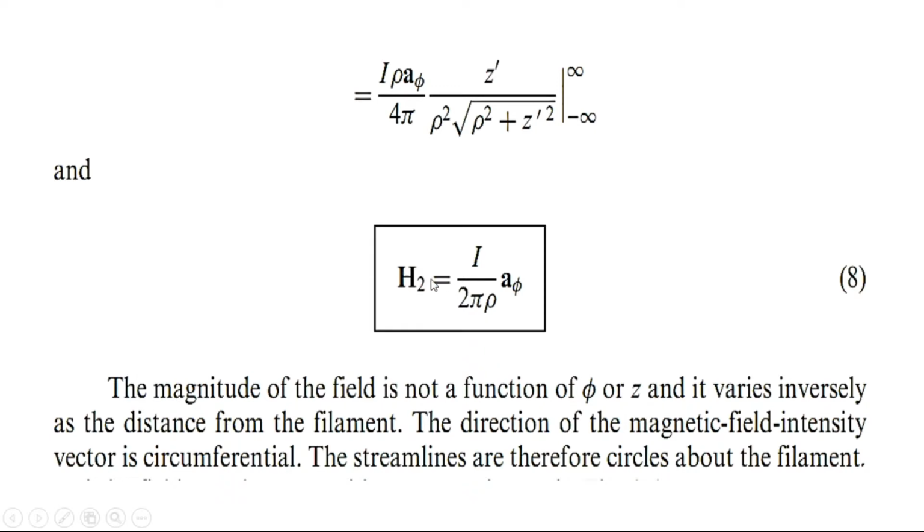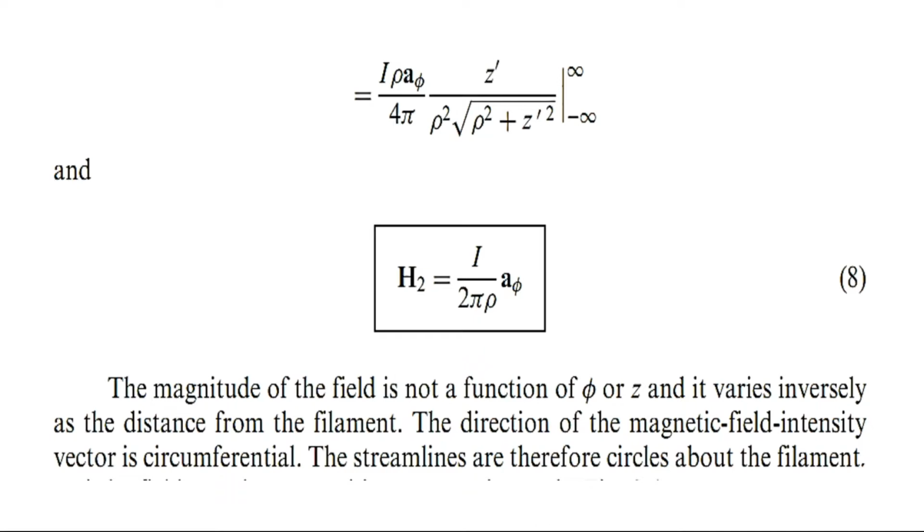Now if we look at the magnitude of the magnetic field intensity, the magnetic field intensity is inversely proportional to rho. It means that the magnetic field intensity only depends upon rho. If we move away from the filament, the magnetic field strength will decrease.